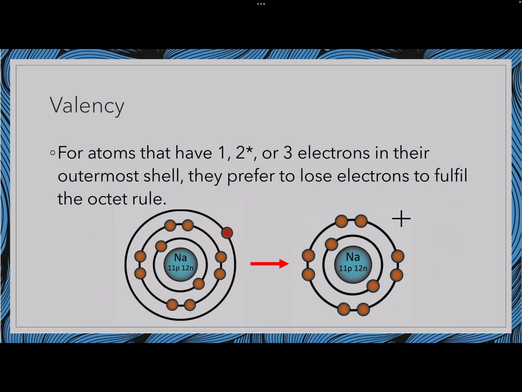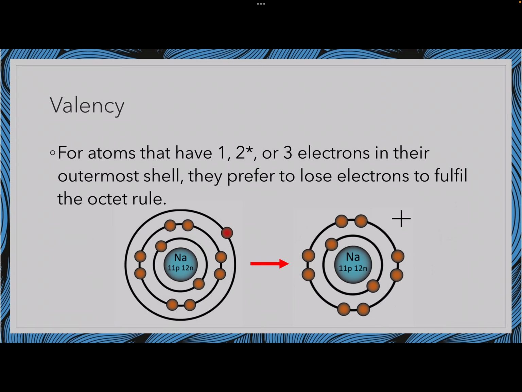I've got a little star against number 2 because there is an exception to that rule, which is helium. Just because it's in the first period, it has to be difficult. It can only have 2 electrons in its outermost shell, and so then it's considered to be fulfilled for the octet rule. But the rest of them, every other period, so from period 2 onwards, atoms that have 1, 2, or 3 electrons in their outermost shell, they prefer to lose them.